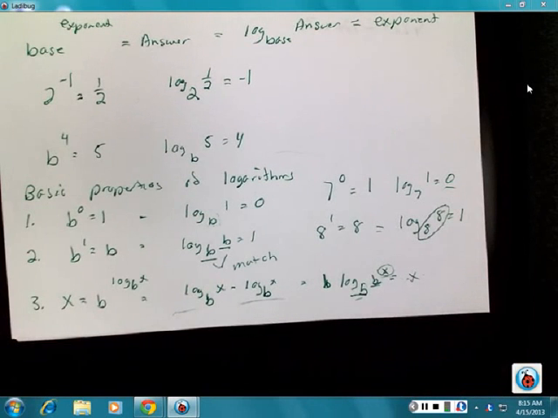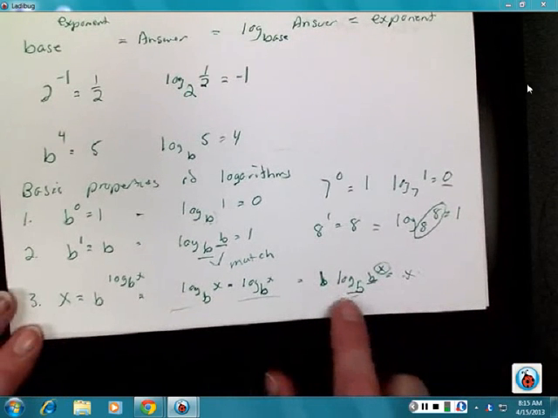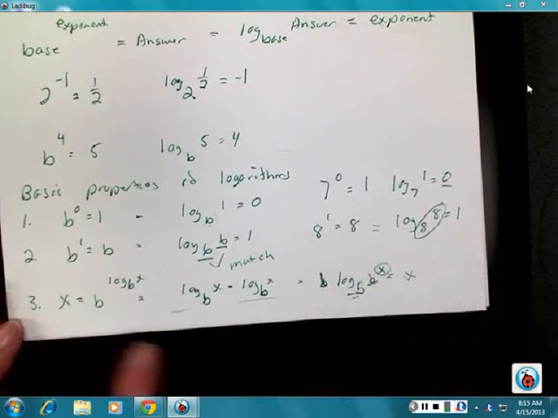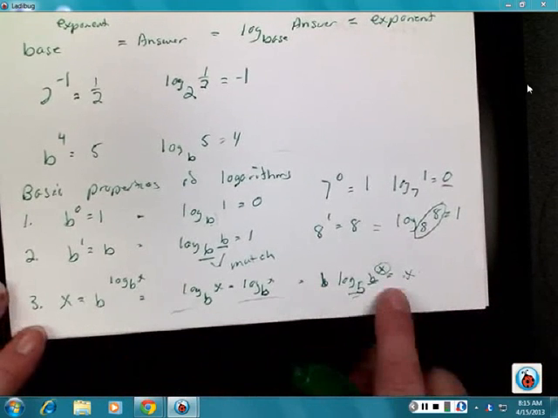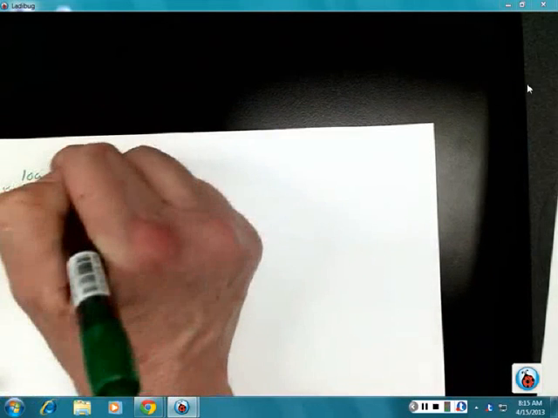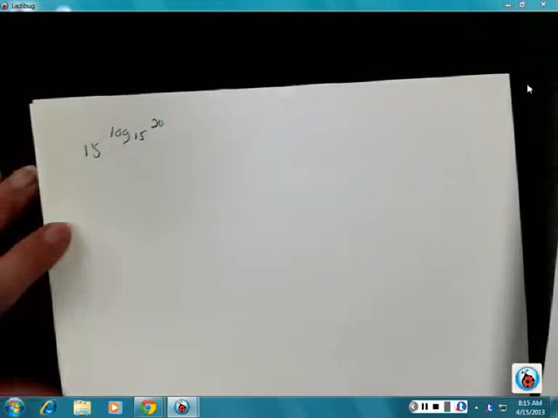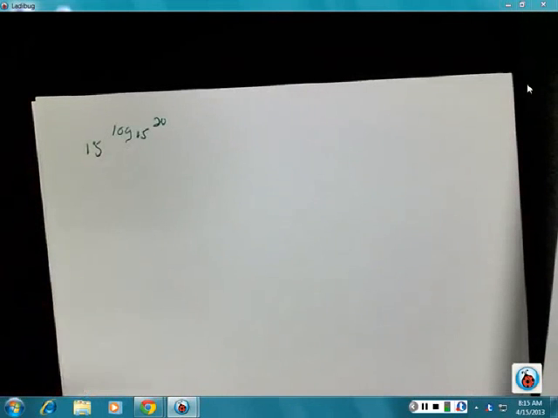So let's put one up here so that you've got an idea of what this whole thing is talking about, because I think this one's probably the more confusing of the ones that are there. So let's see here. If, in other words, if I had 15 to the log base 15 of 20, what would that mean?